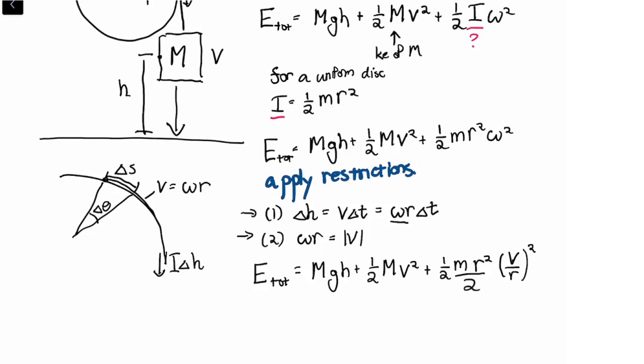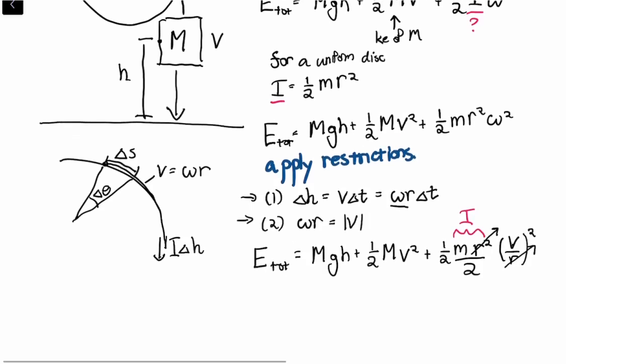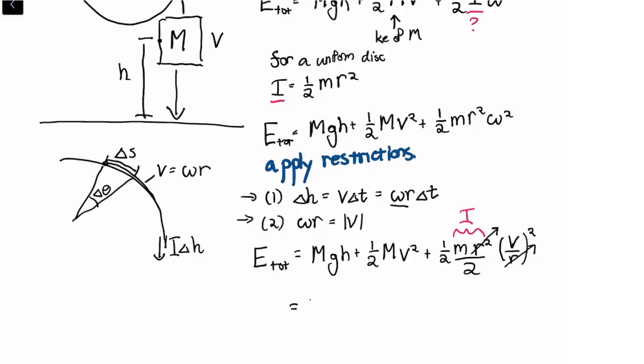Okay, so this is the moment of inertia, and this is 1/2 (v/r) squared. So you'll notice these radii cancel, okay? And therefore this becomes mgh plus 1/2 m v squared plus 1/4 m v squared.